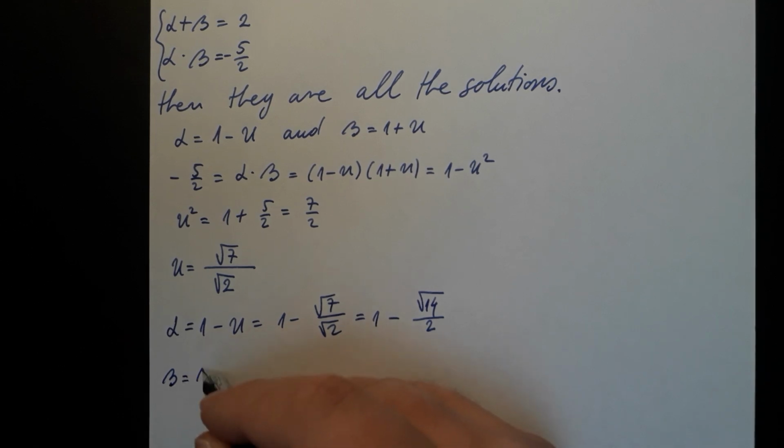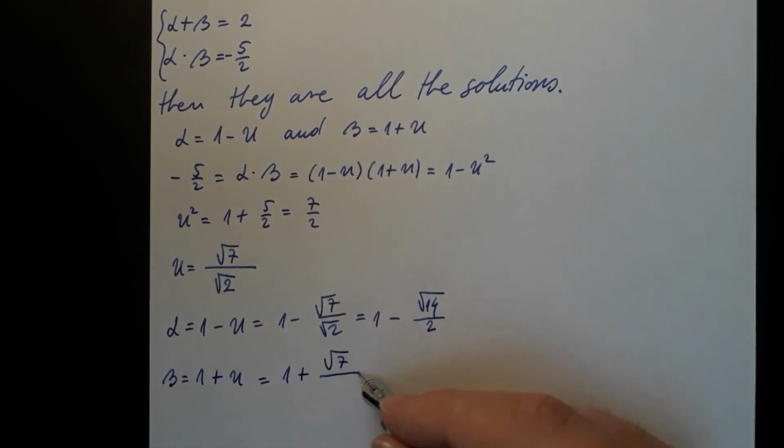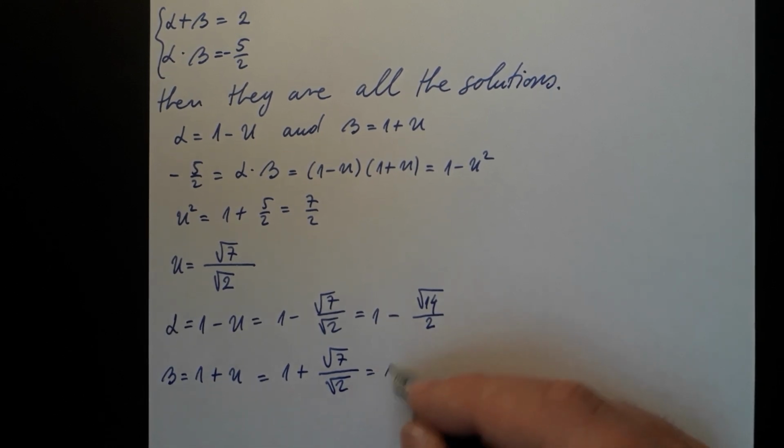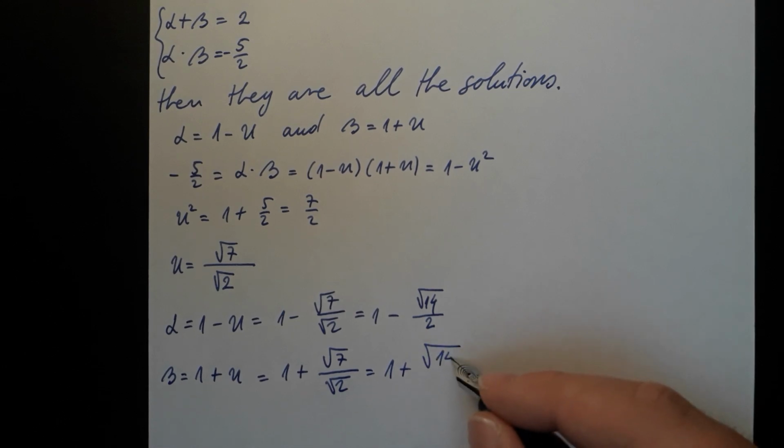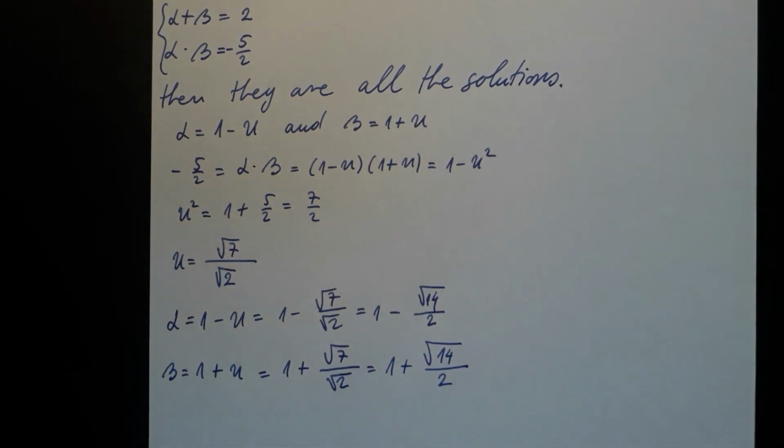Beta is equal to 1 plus u, and that is 1 plus the square root of 7 divided by the square root of 2, and that is equal to 1 plus the square root of 14 divided by 2. At this point, we have seen that this method can solve any quadratic equation, because this method will always come down to taking the square root at the end.